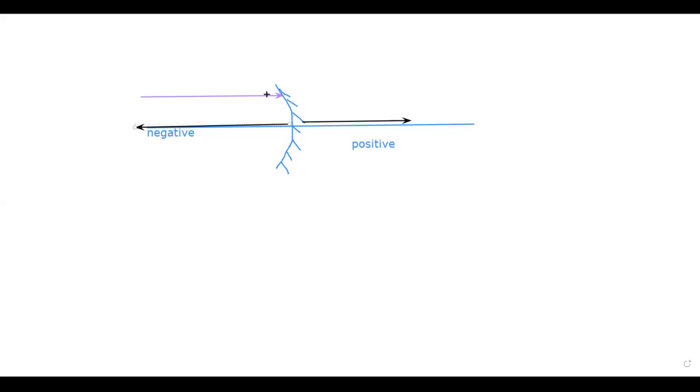The incident ray is directed towards the right side, so all the distances in its direction will be positive, while all the distances on the opposite side of the incident ray will be negative. This was the meaning of point number 2.